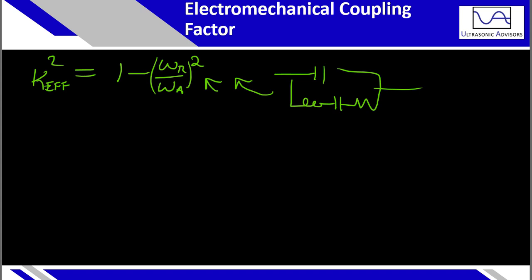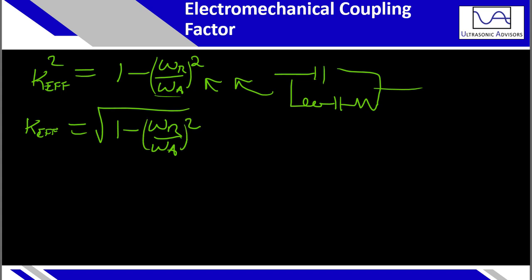We can directly take measurements of the anti-resonance and resonant frequency to do that calculation of the coupling factor. And again, the way we represent it typically is just with the coupling factor not being squared. So we take this and that's our coupling factor.